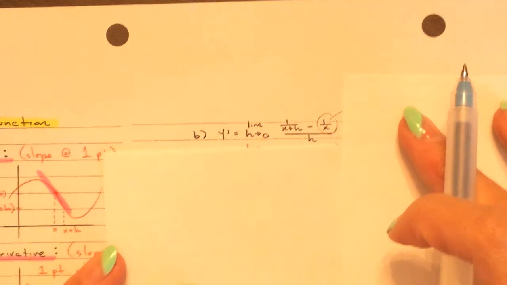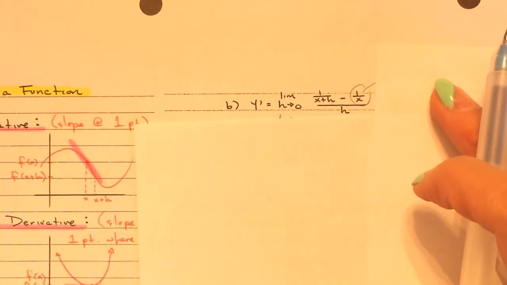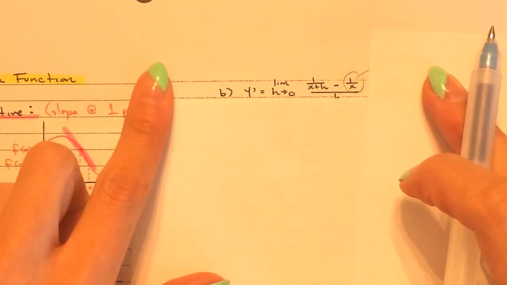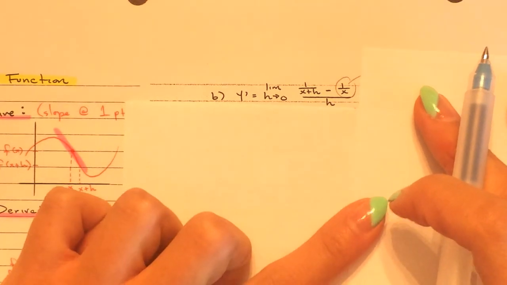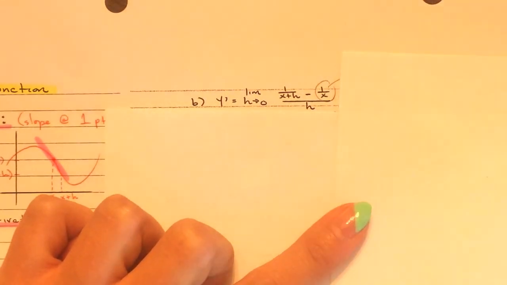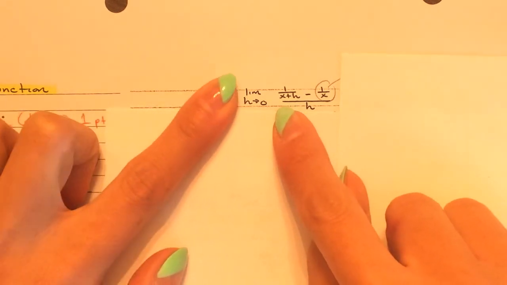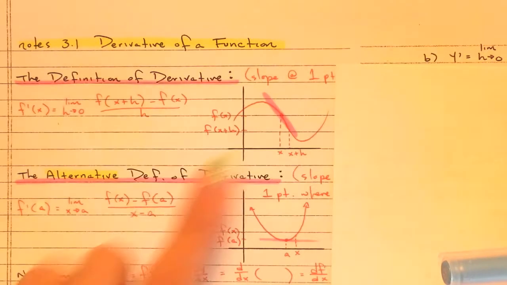So for b, you're going to find y prime, and actually this one says y prime equals. Okay, so if y prime equals this, I want you to actually be able to tell me what was y. So if I give you this as the derivative, you have to be able to tell me what was the original function.